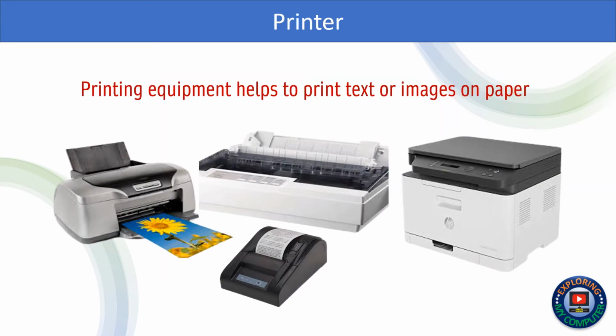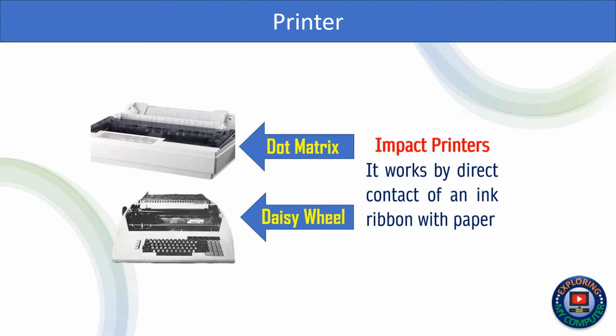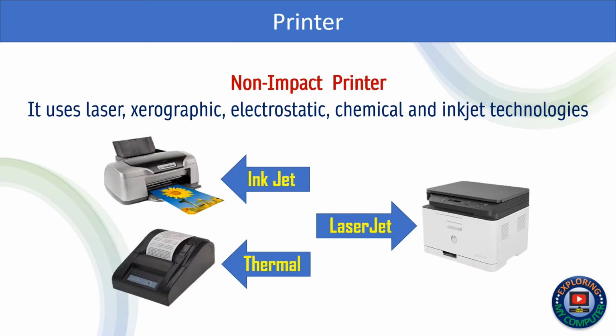Printing equipment helps to print text or images on paper. Impact printers work by direct contact of an ink ribbon with paper. Non-impact printers use laser, xerographic, electrostatic, chemical and inkjet technologies.